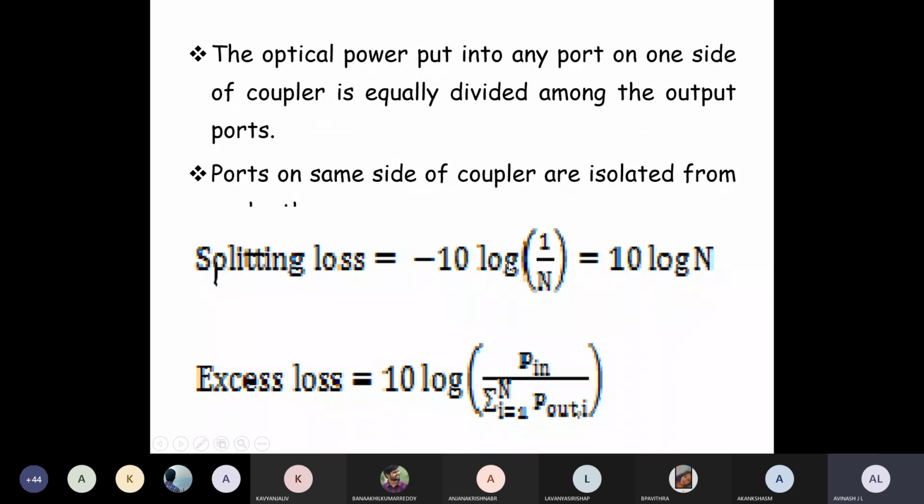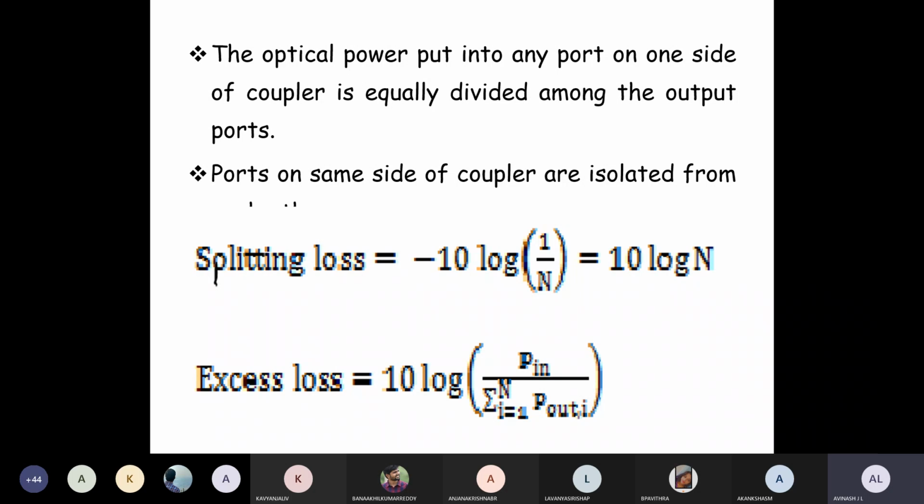All input ports are isolated from each other, so they don't have any connection. Similarly, all output ports are isolated from each other. That means at any particular side, all ports are isolated from each other.